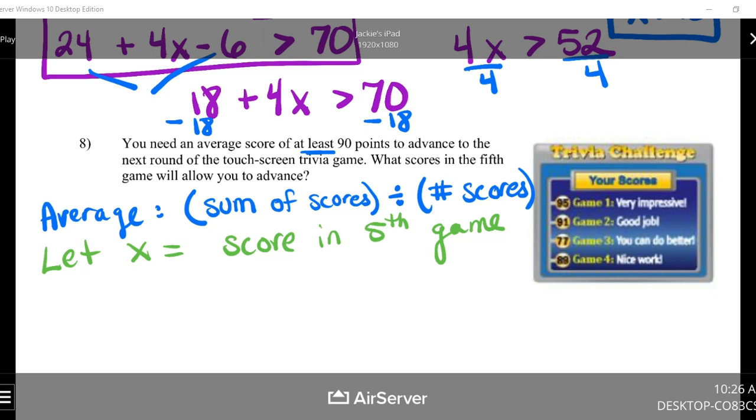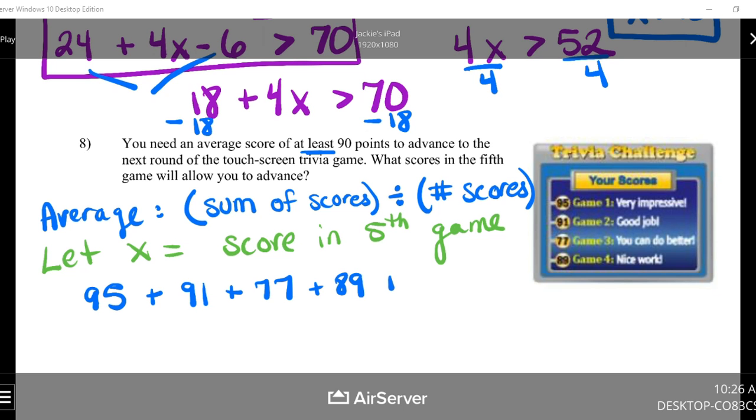Okay, so we're going to add up the 4 scores we do know. So we add up 95 plus 91 for game 2, plus 77 for game 3, plus 89 for game 4.